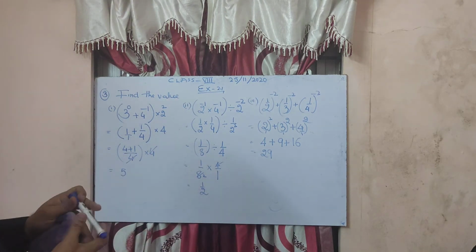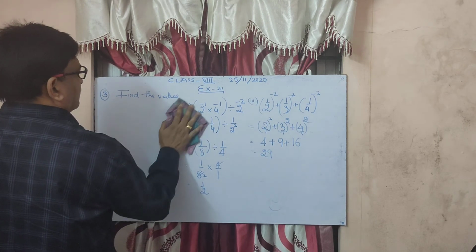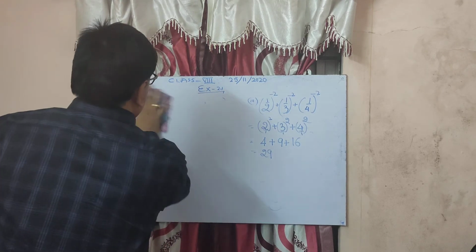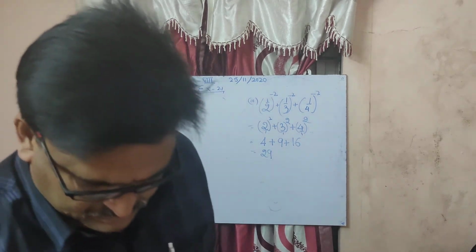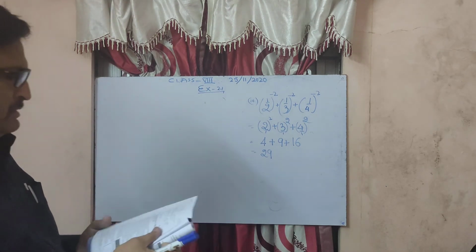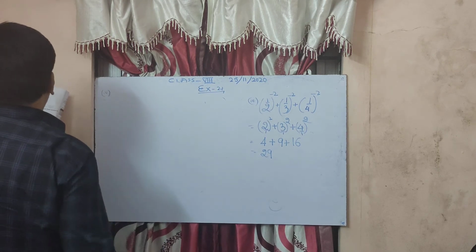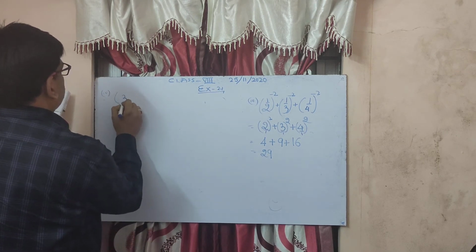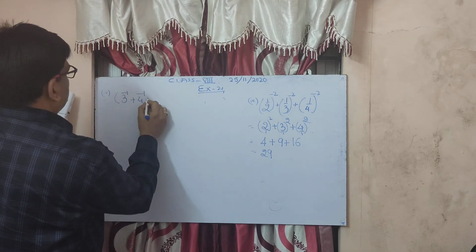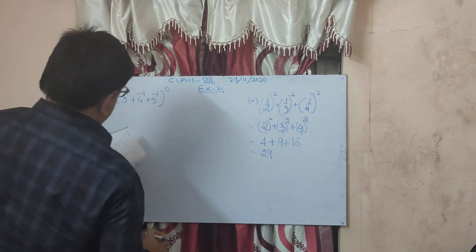Okay, now the next question, that is the fourth one. 3 to the power minus 1 plus 4 to the power minus 1 plus 5 to the power minus 1, whole to the power 0.